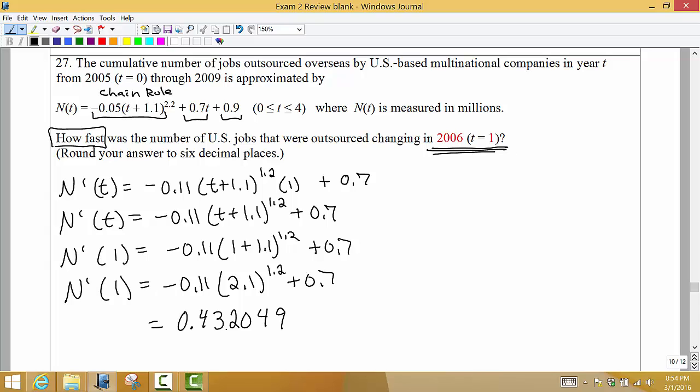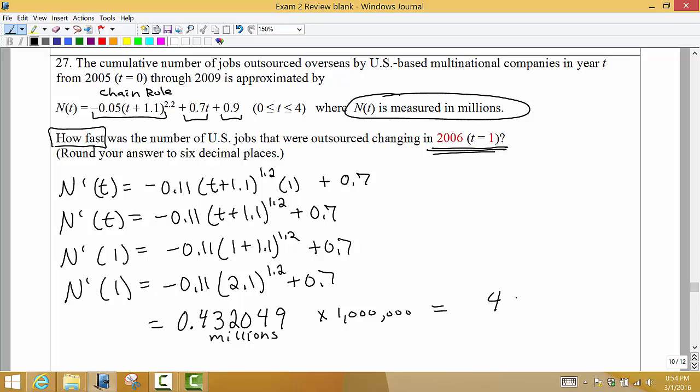Now what I'm going to do is change this to be a certain number of jobs. So the function gives me jobs measured in millions. So to actually convert this to an actual number of jobs, I'm going to multiply this by 1 million. Remember that this is the value given in millions, so I'm going to convert it to the actual number of jobs.